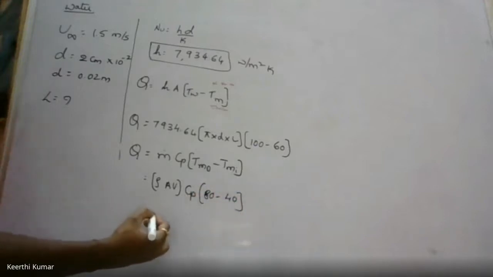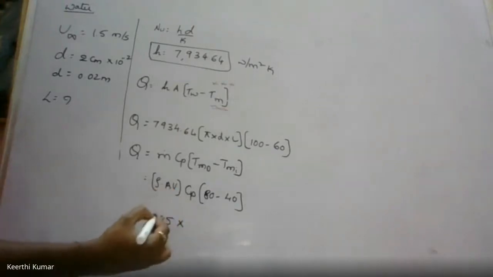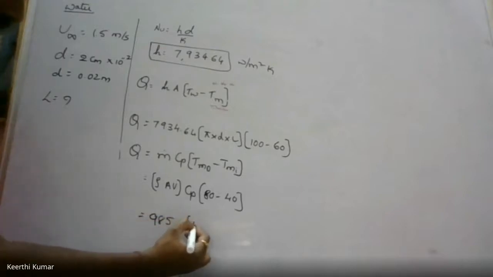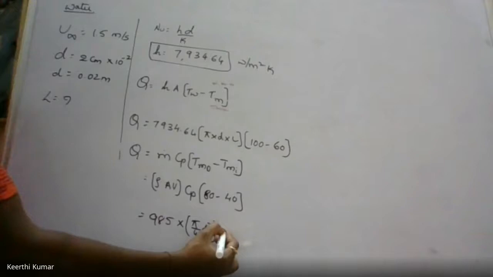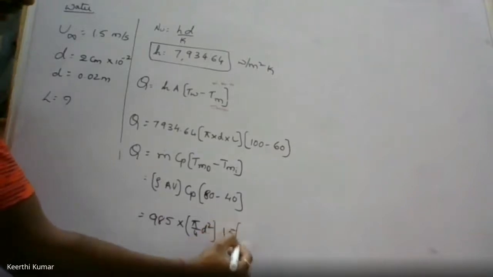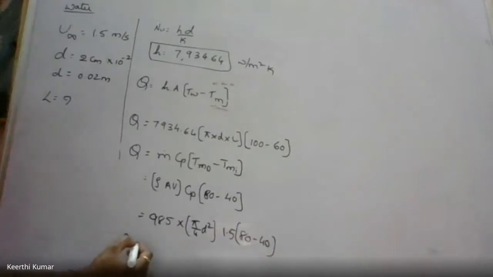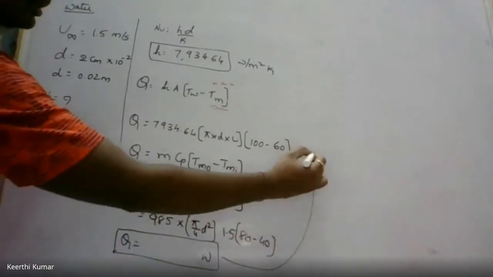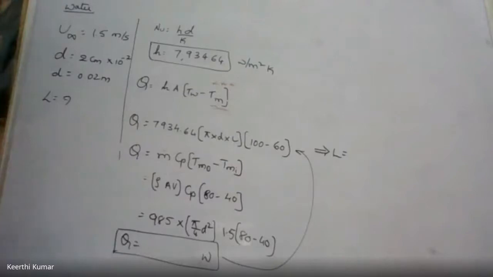What is rho? We got rho as 985. What is the area? Pi by 4 into d square. What is the velocity? 1.5. 80 minus 40. So we will get Q in watts. Equate this Q back to this and find out the value of L of the tube.